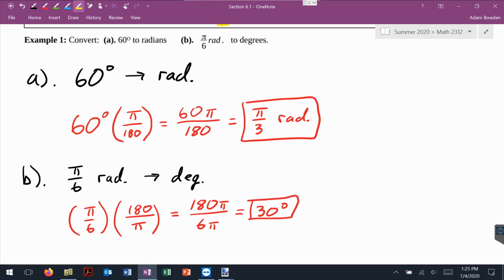One way I try to keep these clear, which one to use, is if I put the pi underneath, 180 over pi, then that's going to get rid of the pi on top, and that's how we convert into degrees. But if I put the pi on top, pi over 180, that's like most radian measurements have a pi over something. So pi over 180 is how I convert into radians, but putting 180 over pi is how we convert into degrees.